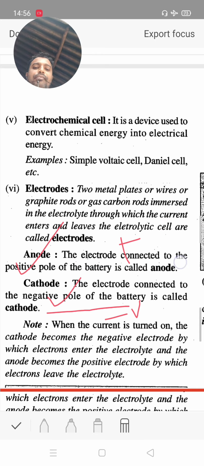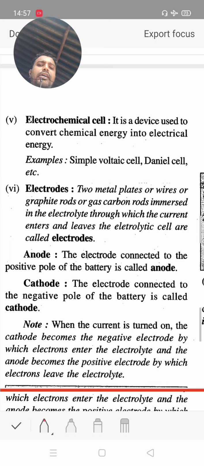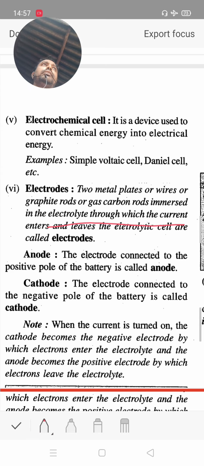This is an example of electrode. There are two types. For example, a carbon graphite rod, carbon rod, is an example of the cathode, and metal plates, wires, are an example of the anode.